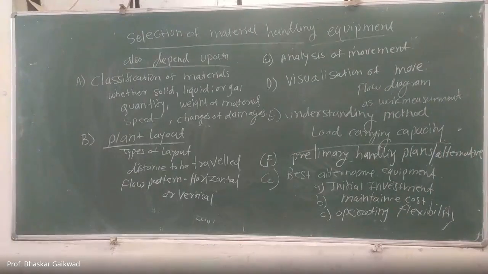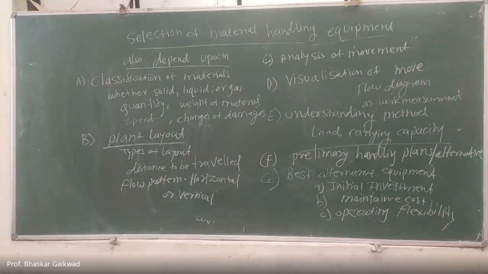The next point is the plant layout. We have already discussed the four types of layout: product layout or line layout, process layout or functional layout, fixed layout or static layout, and last, the cellular or group technology layout. Here it depends upon the production, and you have to select the type of layout.